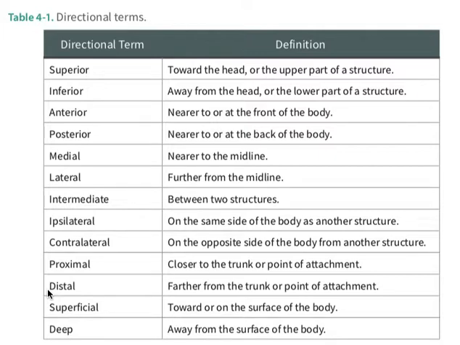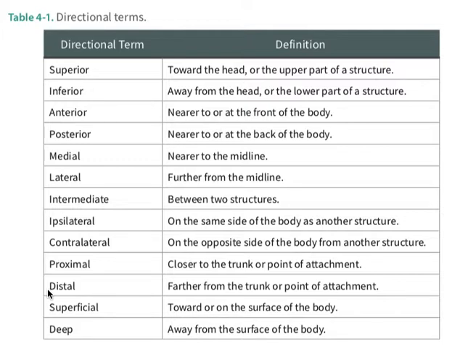And then let's do a leg example too, just to make sure that you're understanding the concept. With the leg, the point of attachment is the coxal region, the hips where the legs attach to the trunk. If we were to say, for example, the patellar region and the tarsal region, and you can look those up, remind yourself what those are, the patellar region would be proximal to the tarsal region.